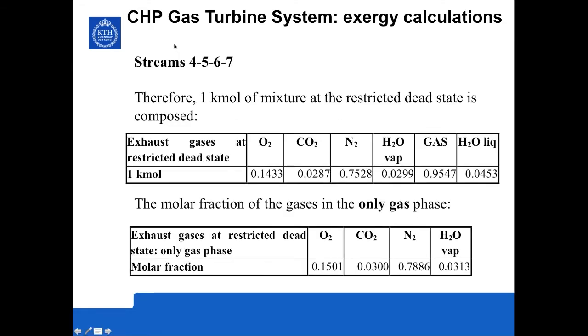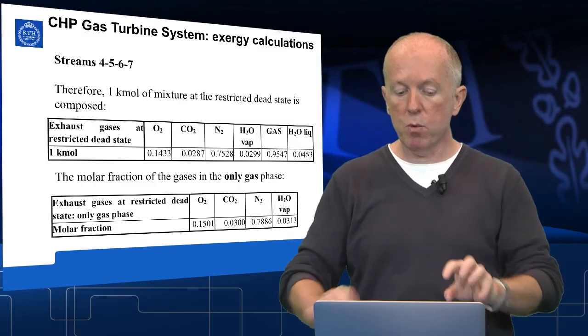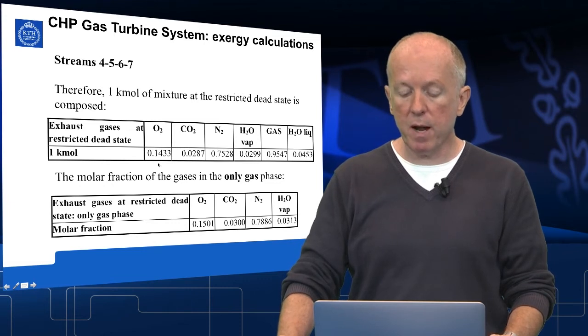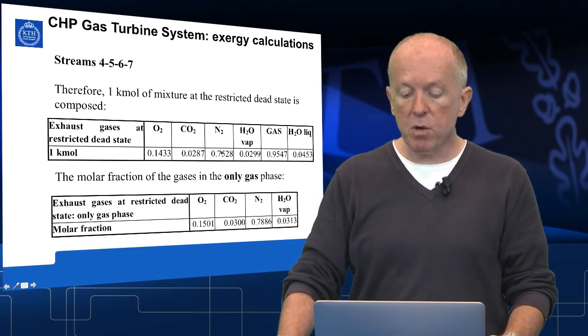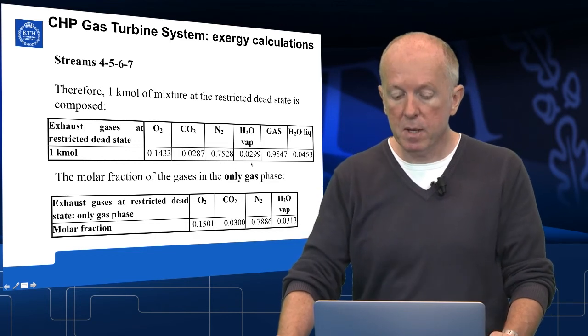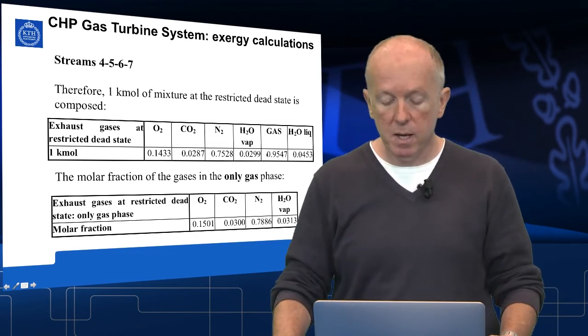So, to sum up, when you take this stream and you put it in equilibrium with the dead state, you will have oxygen remaining with its molar fraction 0.14. CO2 will remain with its molar fraction of around 2%. Nitrogen will remain with its molar fraction of around 79%. No, 75, it is not there, sorry.